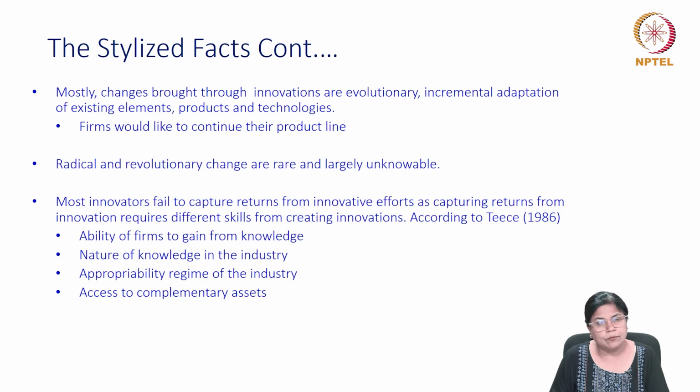On the other hand, if you find that imitation is rather costly and it is very difficult for the competitors to come up with a newer product very fast, then we will find and use the different other means of appropriation. We will talk about what we mean by intellectual property. We will also talk about in one of the modules how these intellectual property rights can help the firms in fact gain over the competitors.